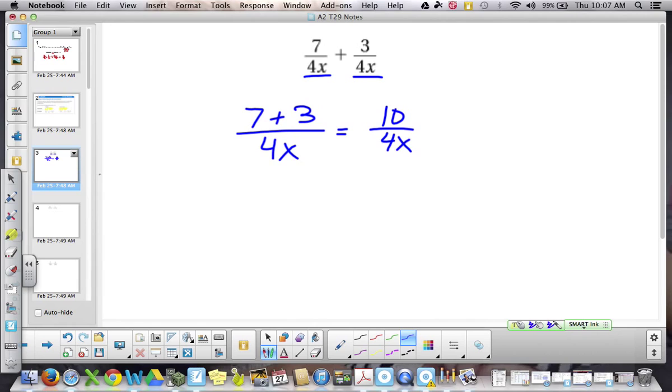The only thing we need to be careful of now is, is that simplified? We always want to write our answers in simplest form. So 10 and 4 have a common factor of 2. So this is equal to 2 times 5 over 2 times 2x. Those 2's cancel out, and we're left with 5 over 2x.